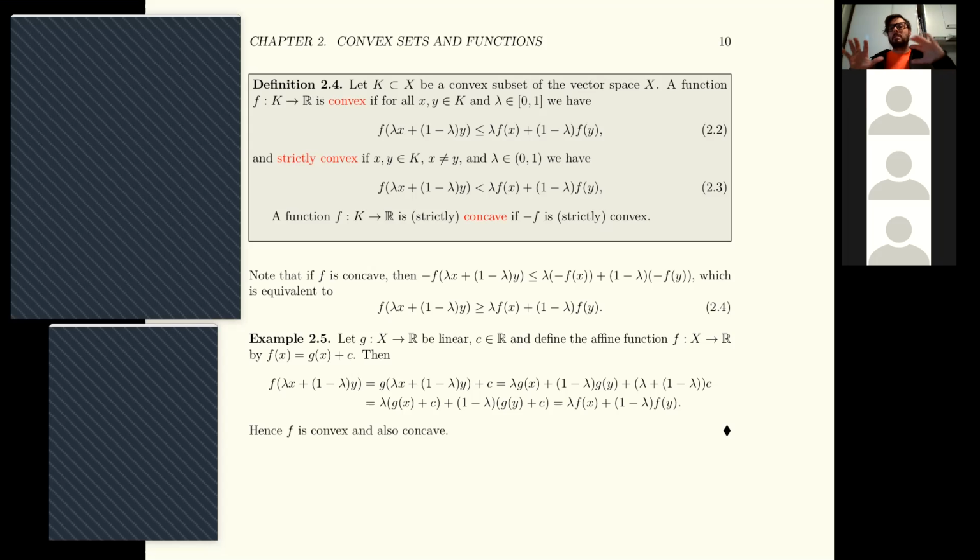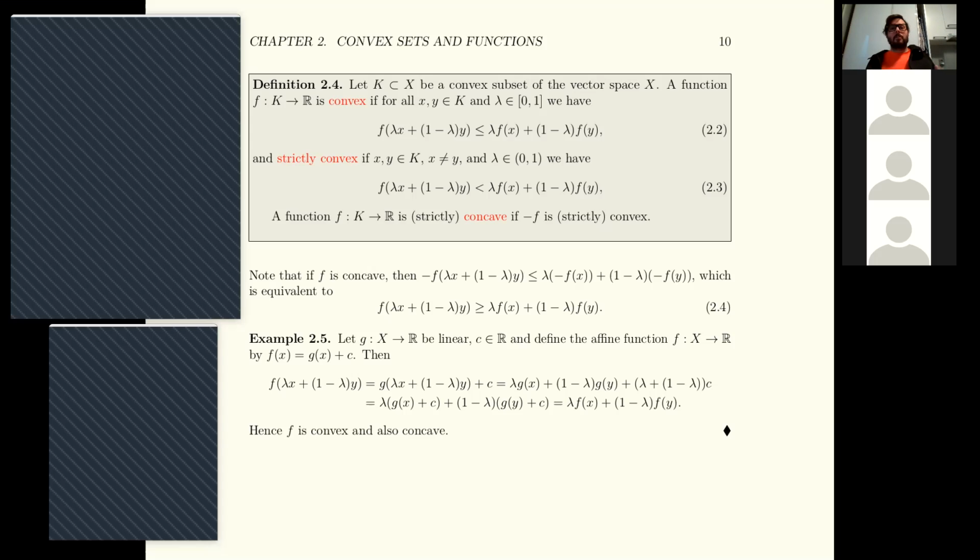But it can be some subset of it, like an n-dimensional sphere, the ball, everything inside the sphere, as long as it's convex. And we have a function that is defined in that convex set. Again, I remind you that that set K is not that important. We want it to be convex for this definition to be meaningful, but usually we can think of it as being the whole space.